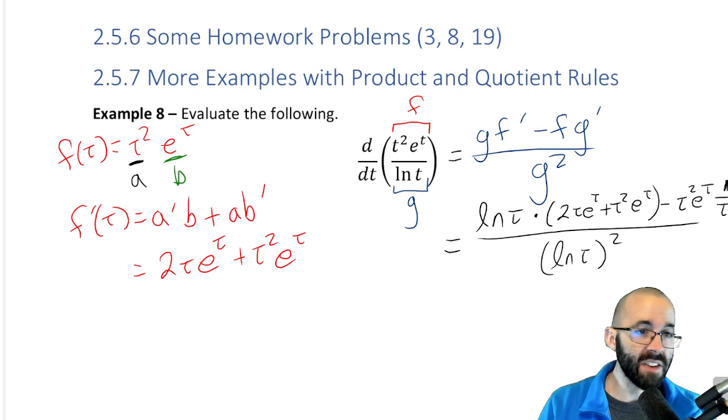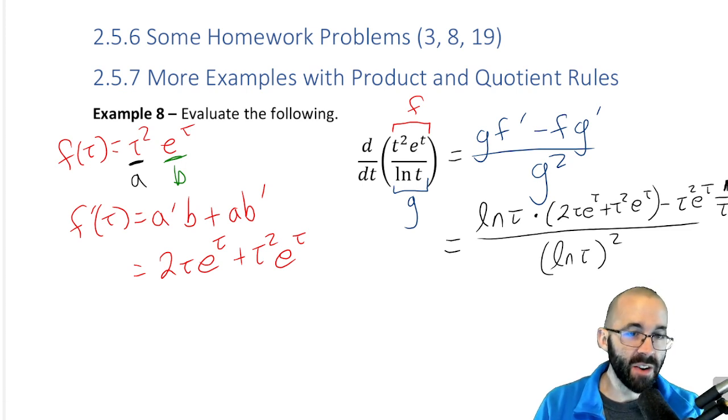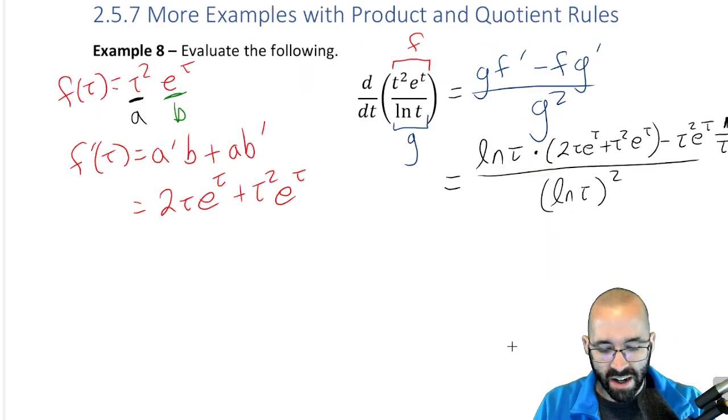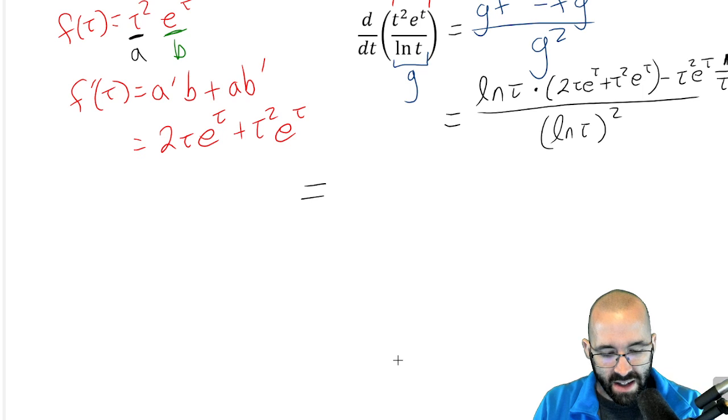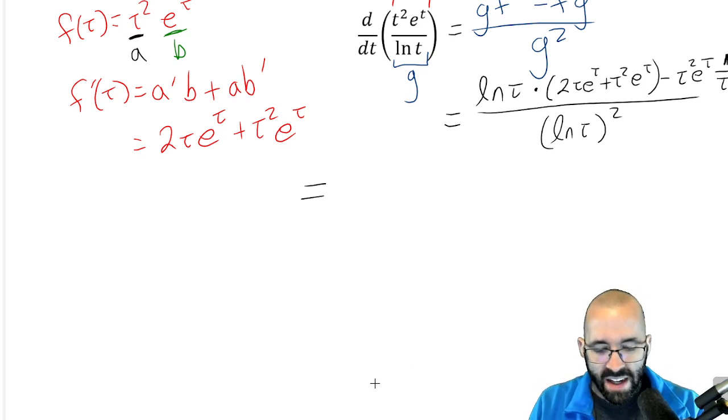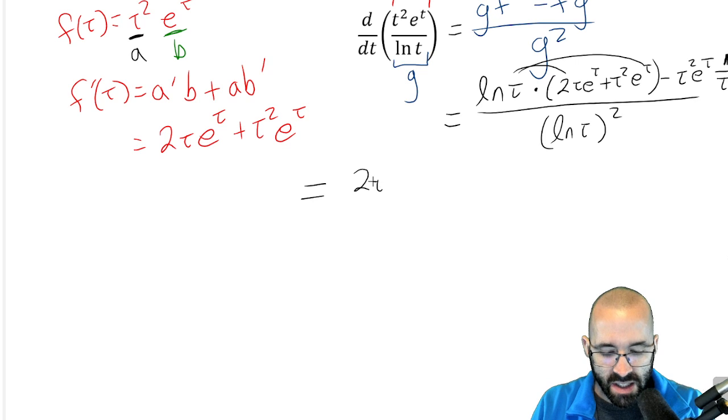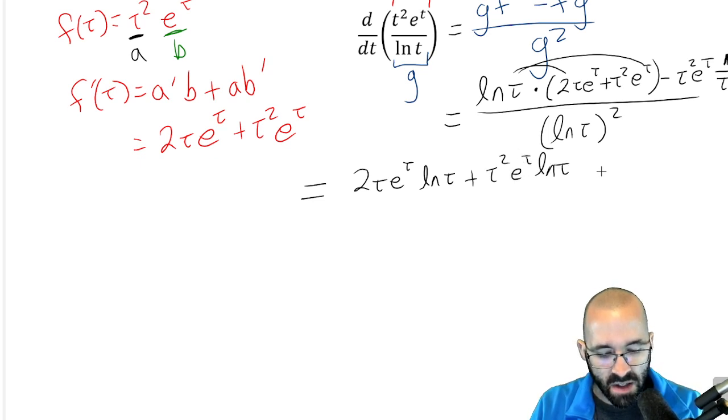Usually we expand the top and try to refactor. We'll leave the bottom factored. I'm going to move myself over here so I have a little bit more room. Okay, so when we expand the top, we FOIL this out. We're going to get 2t e to the t times the natural log of t plus t squared e to the t times the natural log of t.